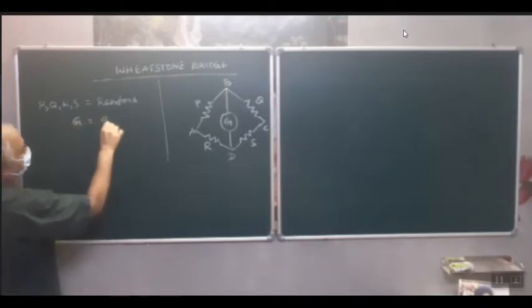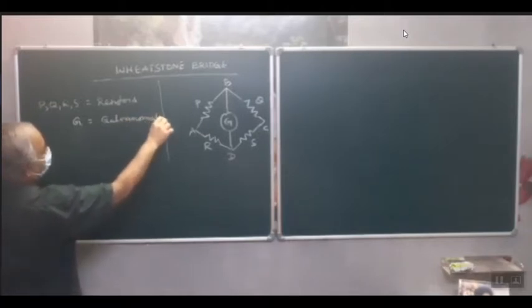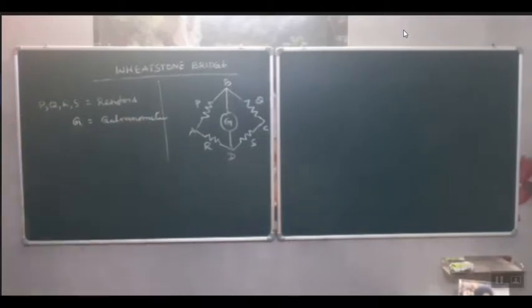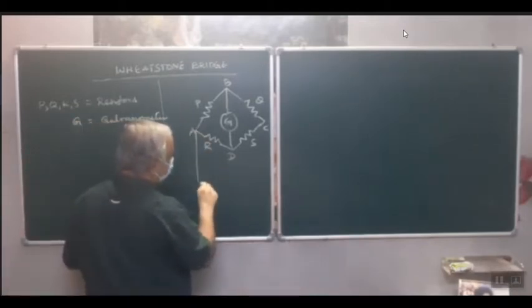You know the unit of resistance is ohm. Here G represents the galvanometer; of course, it also indicates the resistance of the galvanometer.